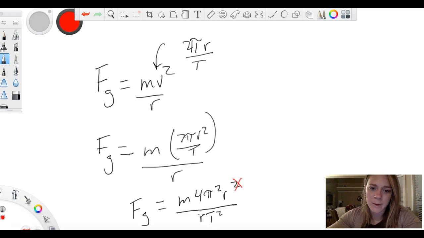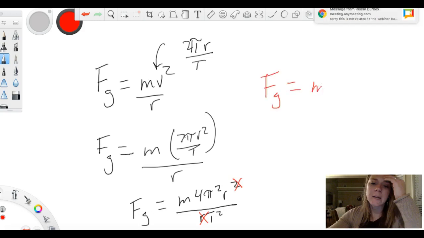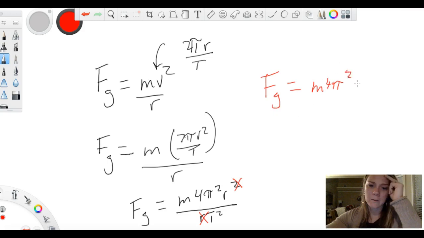So now we have gravitational force in this case would be equal to m 4 pi squared r over T squared.